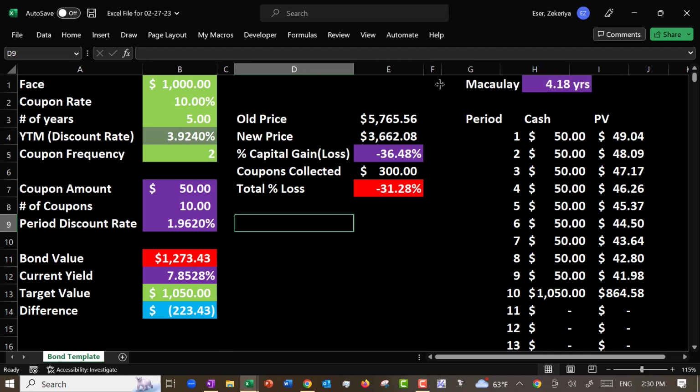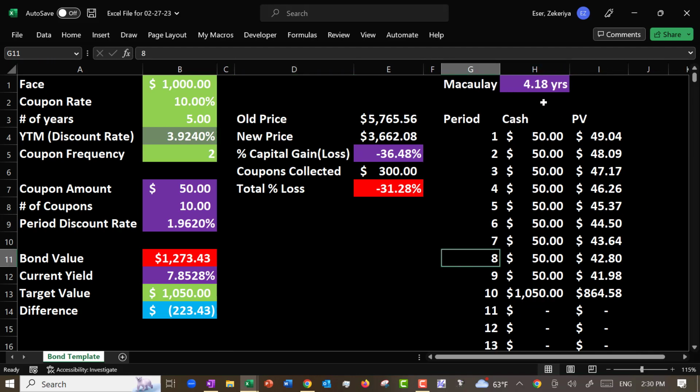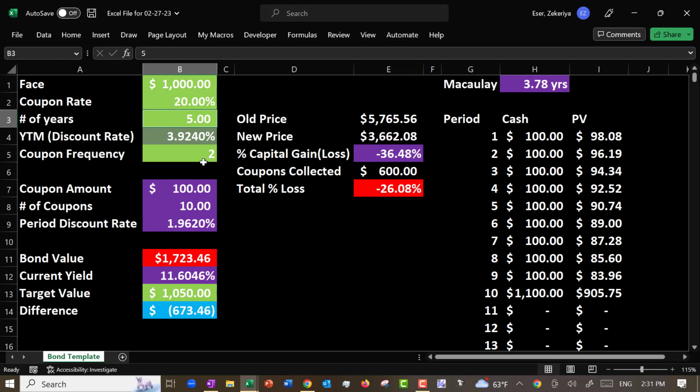If I increase the coupon rate, being everything else the same, that duration should go down, right? Why? Because I'm getting more of my money earlier. In this case, it reduced it by about 0.4 years, which is roughly 5 months. If this was a 0 coupon bond, it's going to be exactly 5 years, all right?